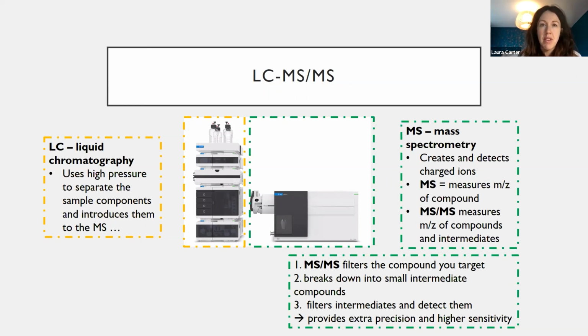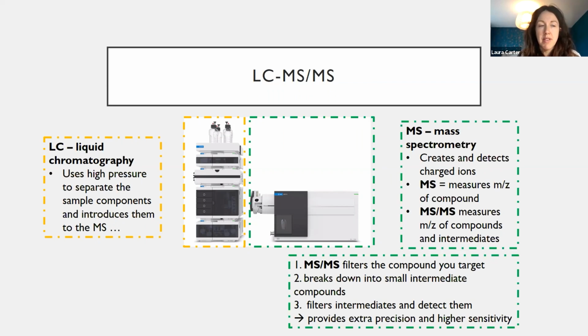What's important to note here is you can have both LC-MS and LC-MS-MS. A single MS means that you only analyze your precursor ion that's generated in the source, whereas MS-MS is the combination of 2 mass analyzers in 1 instrument.